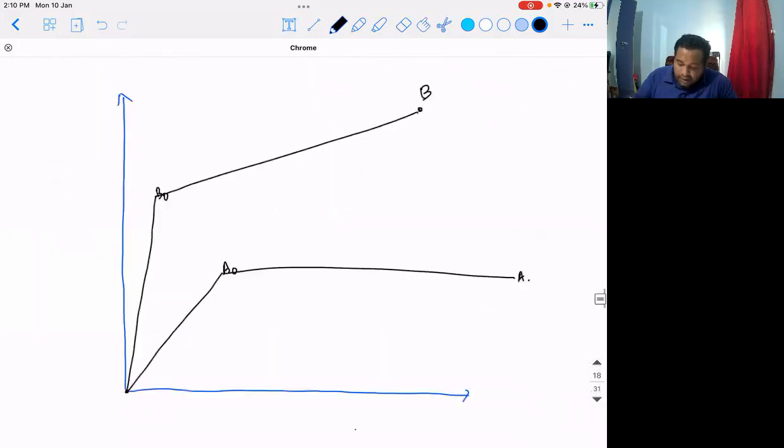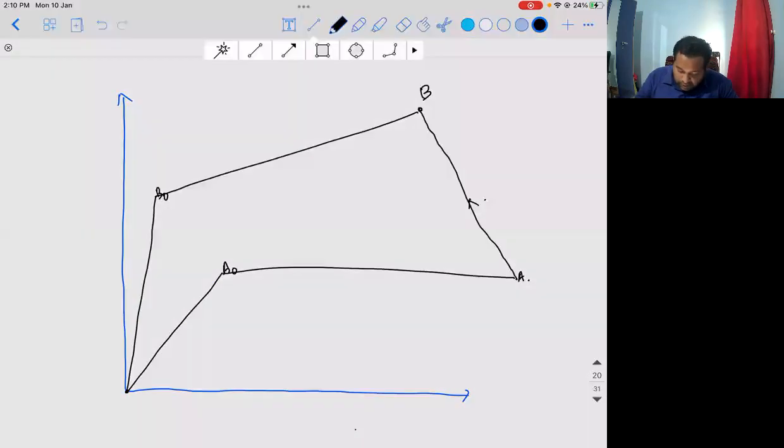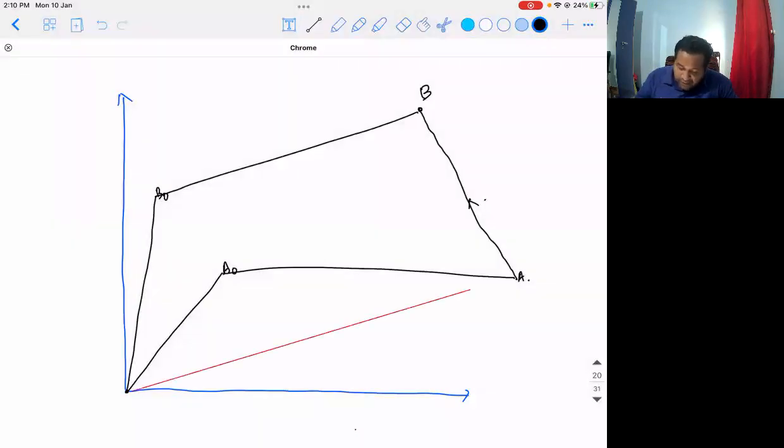So here they are asking about this vector AB. How will we find it? This is the position vector of A after t seconds, and this is the position vector of B after t seconds.